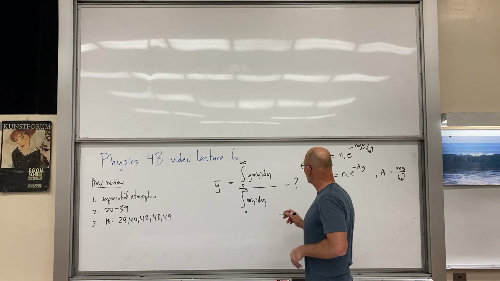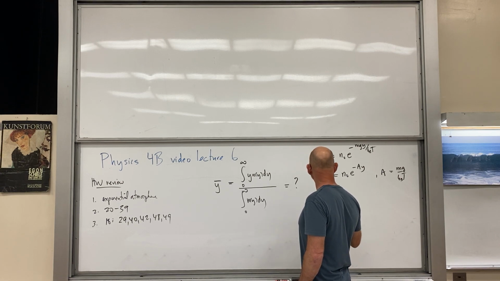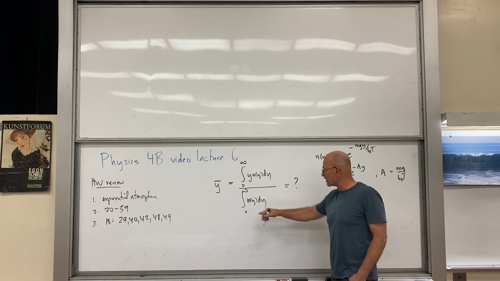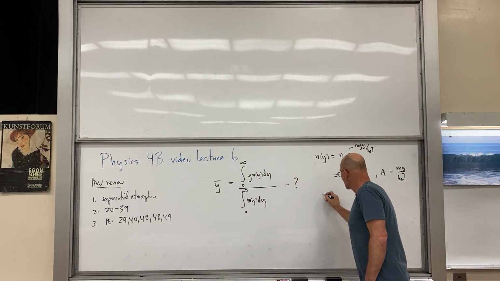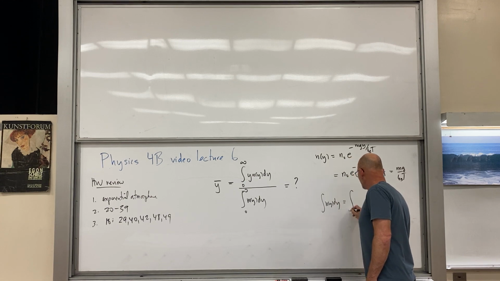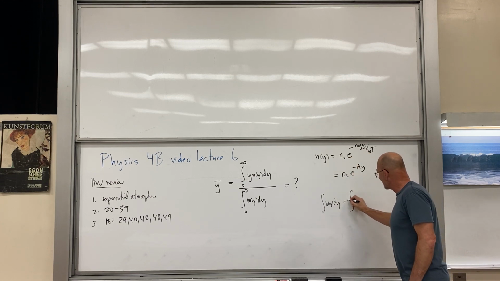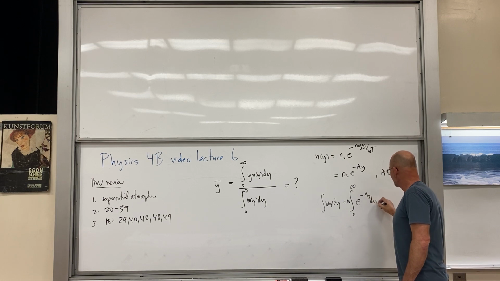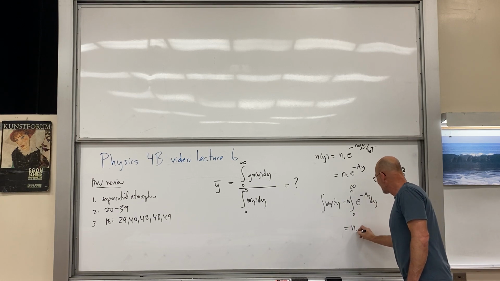let's write that out first. Well, actually, let's just make sure we see how this goes. So integral n of y dy. That's the integral. We can pull the n0 out front, 0 to infinity, e to the minus ay dy, n0.